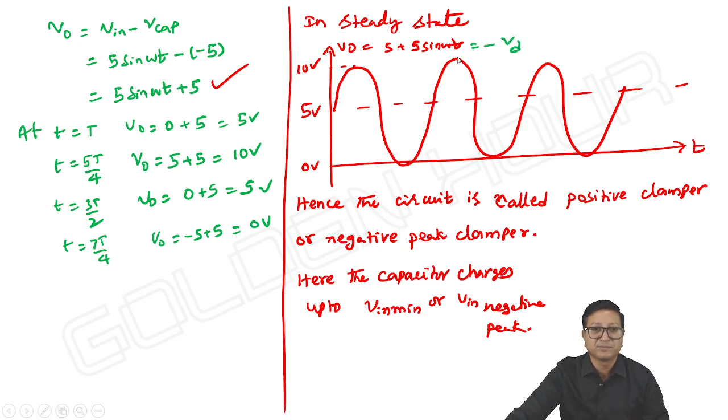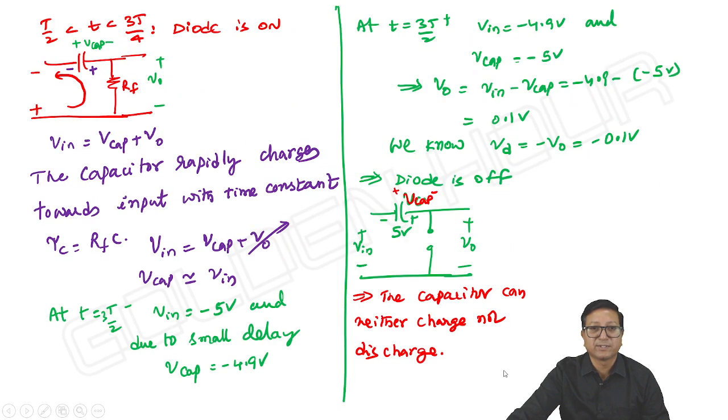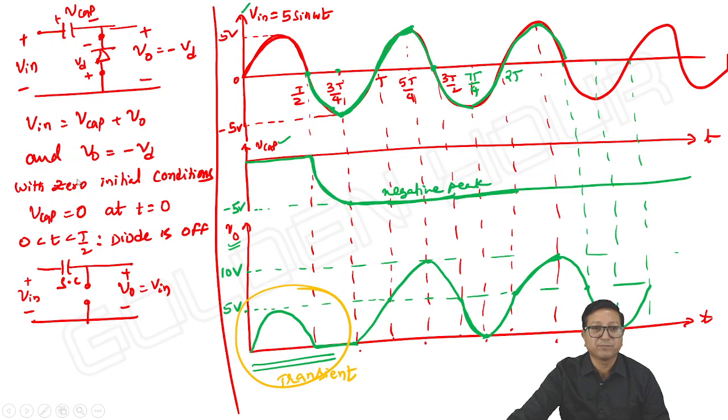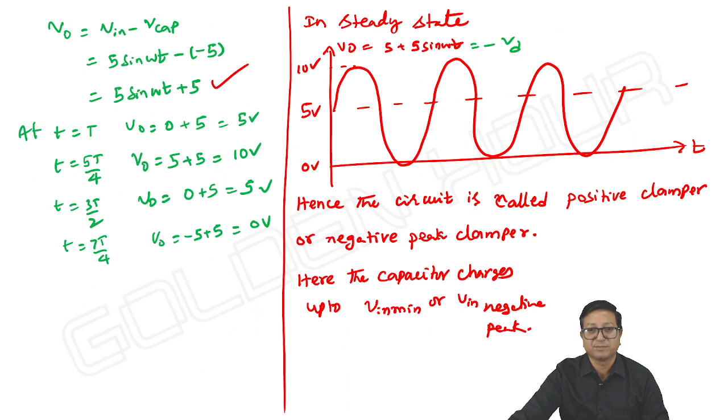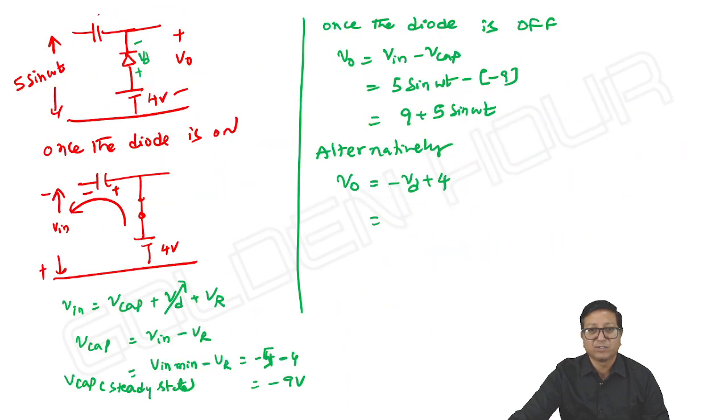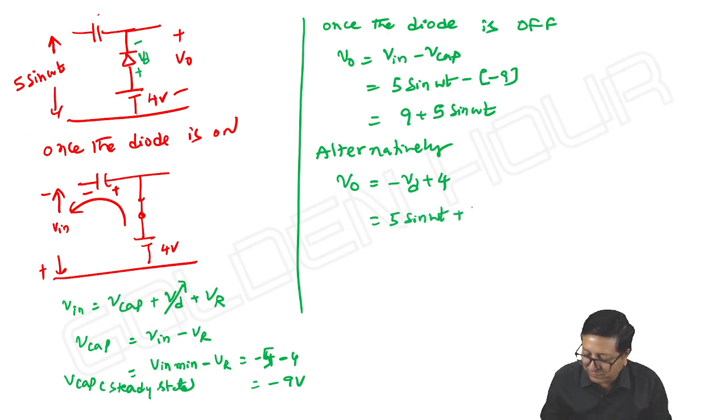Is it not so? Okay. So V output is equal to minus Vd. What is V output in steady state? 5 sin omega t plus 5. So Vd is minus of 5 sin omega t. In that way also, minus Vd value is 5 sin omega t plus 5, plus 4. Just we are adding the reference voltage. Are you not getting the same answer? 9 plus 5 sin omega t.